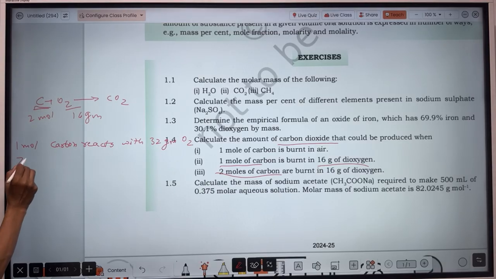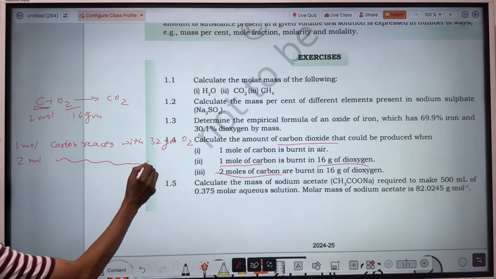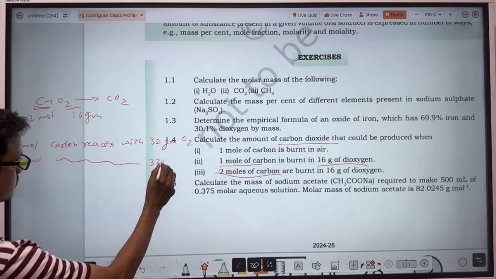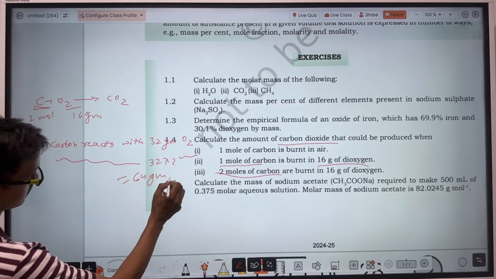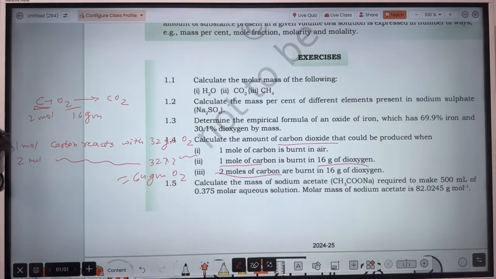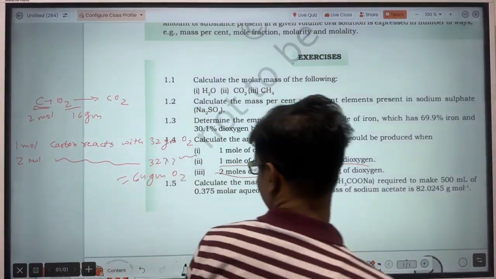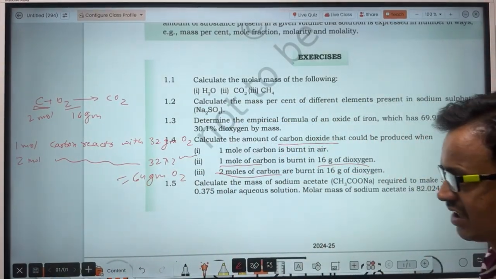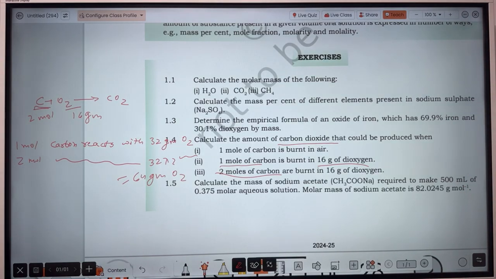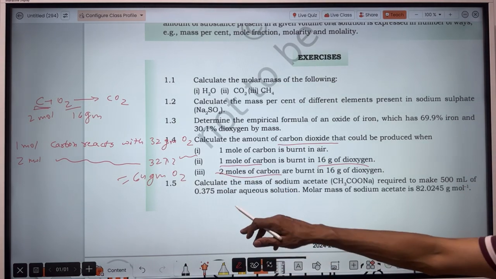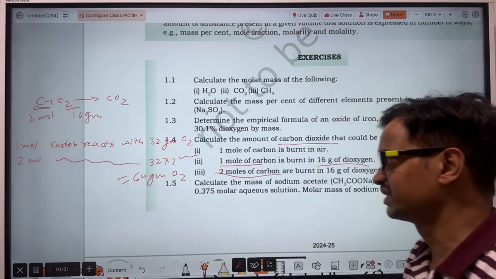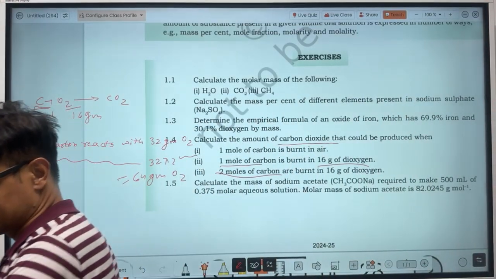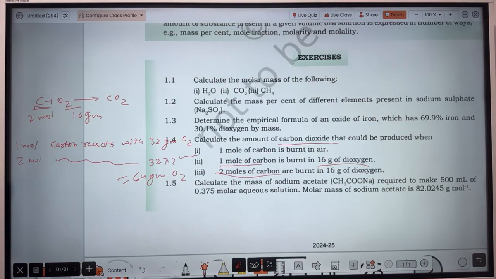So 2 mole of carbon reacts with how much? 32 into 2, that is 64 gram of oxygen. So 2 mole of carbon will react with 64 gram of oxygen, but that oxygen is not available. That means 64 gram of oxygen is not available for the reaction, so oxygen will be the limiting reagent.